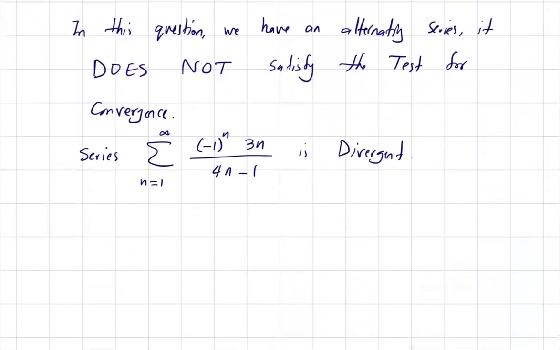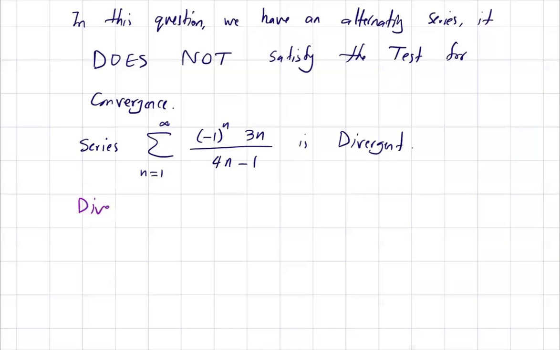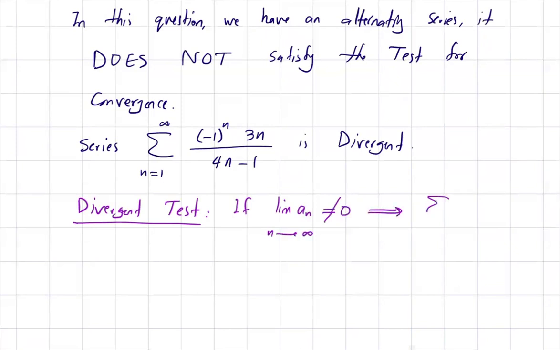The divergent test, which was the very first test that we introduced in our class, is the contrapositive of the theorem that we did. If you have a convergent series, the limit of the general term must be 0. So if the limit of the general term as n goes to infinity is not 0, then the series is divergent.